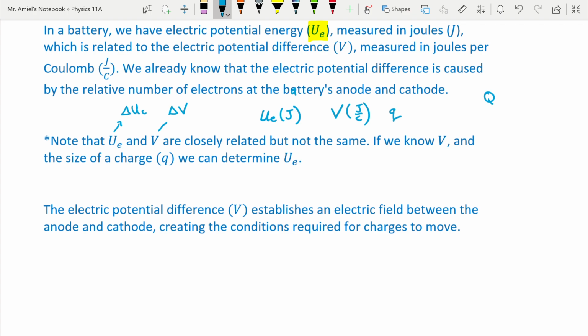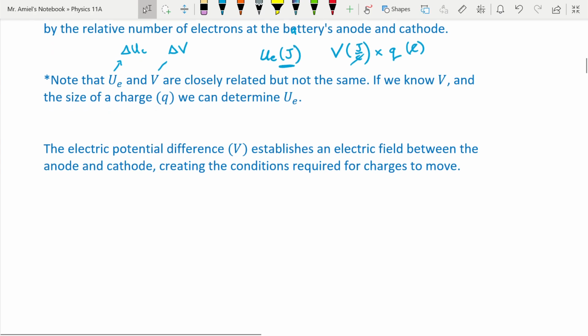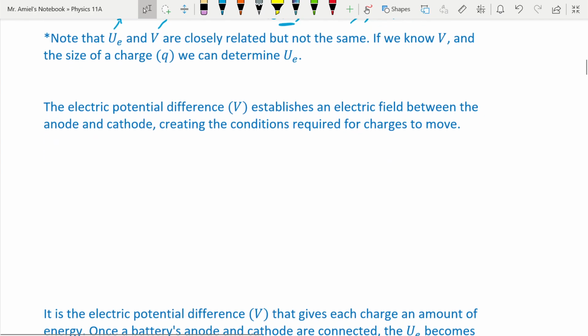Again, that's less important for us in physics 11. It will become important in physics 12. But if we know the charge and we know the voltage, charge is measured in C. If we multiply these things together, coulombs are going to cancel out. We're going to be left with just joules, which gives us our electric potential energy. So by knowing the voltage and the charge, we can determine the electric potential energy, or the joules.